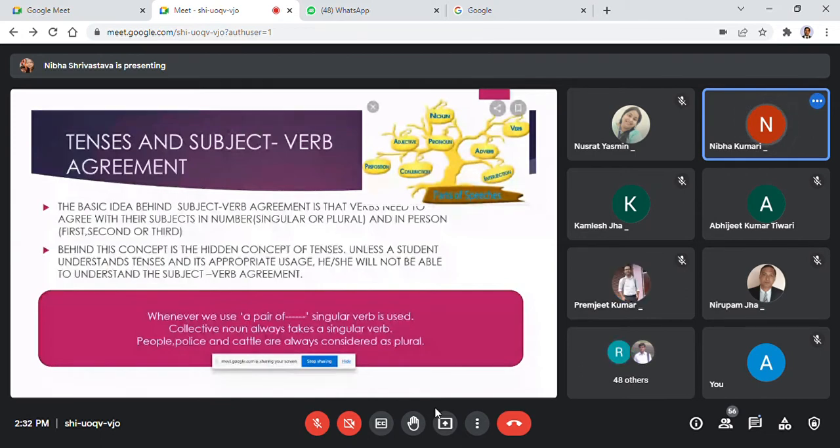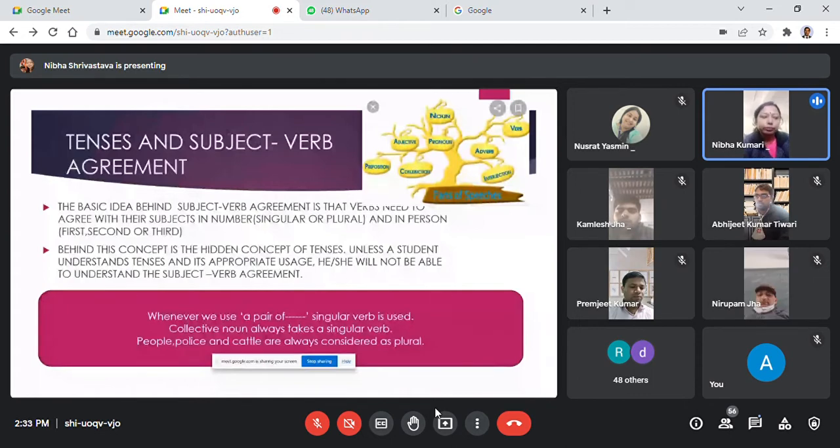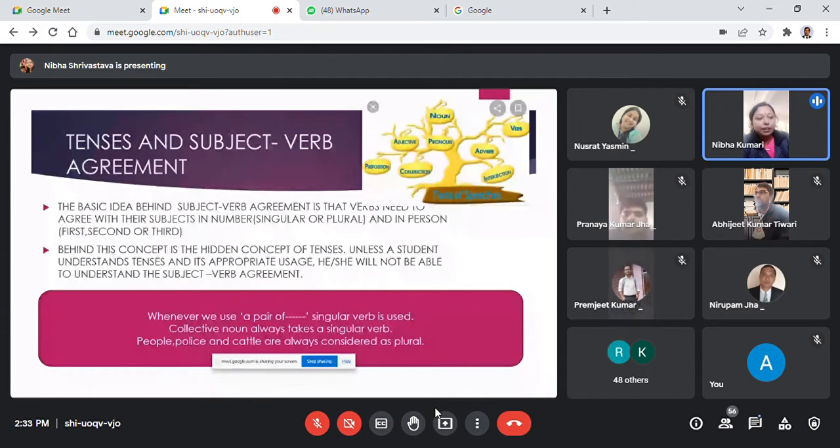Then one more thing, collective nouns like a herd of bees, a bunch of keys, also always take a singular verb. Now, people, police, cattle. We often say police is coming, police has come.